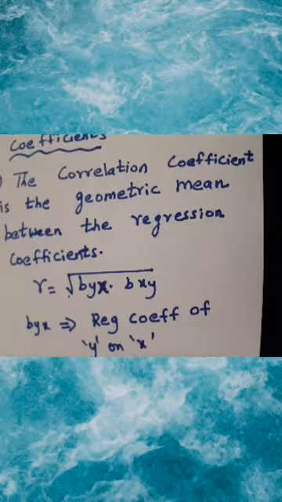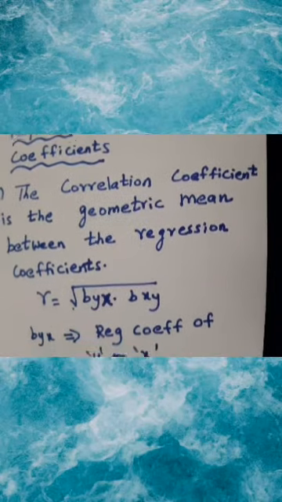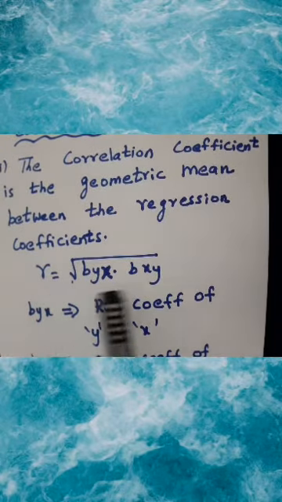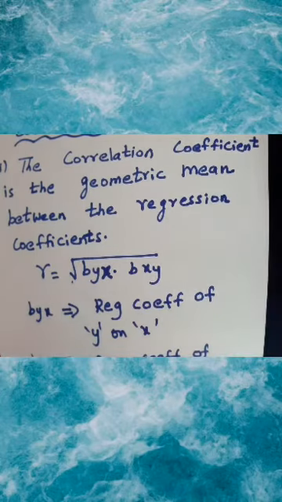Students, I just want to show you the proof of how they got this value: r is equal to the square root of byx times bxy. In the previous videos we discussed the formula for bxy and byx.